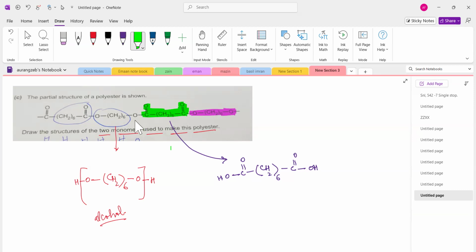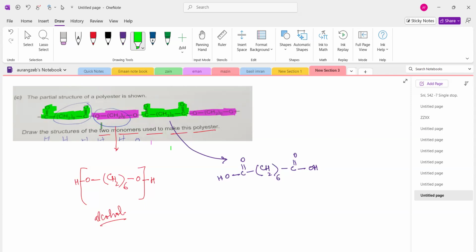Okay. Next part, again, it came from an alcohol, right? And another part again came from carboxylic acid.